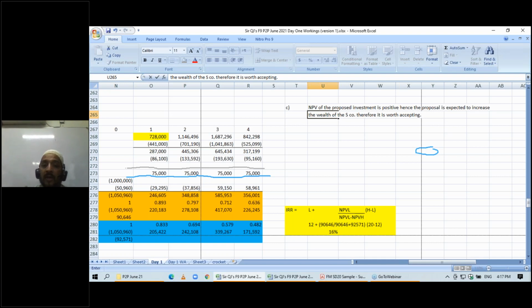Okay, so over here, when you're writing the answer on evaluating the project, remember one thing, that first of all, write on what method you are evaluating. So it was NPV on the basis of which we were evaluating this project, and then write the rule that if it is positive, then you are going to accept it.